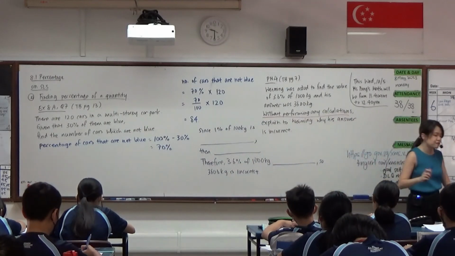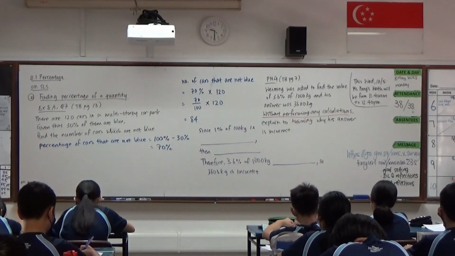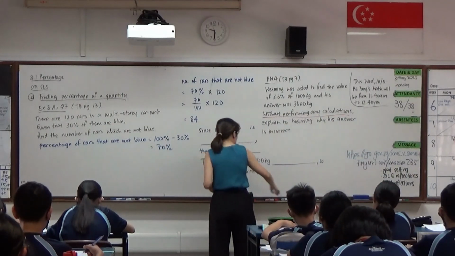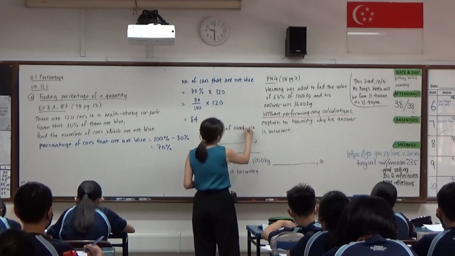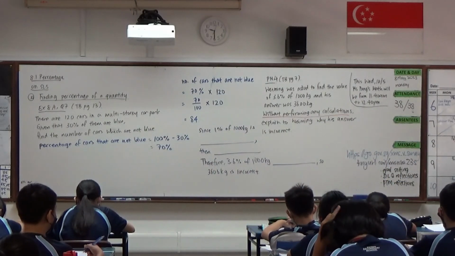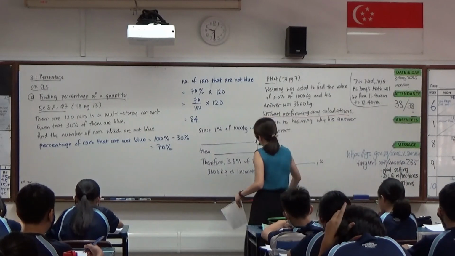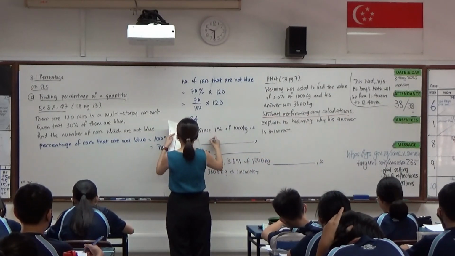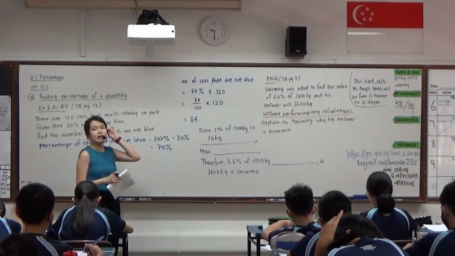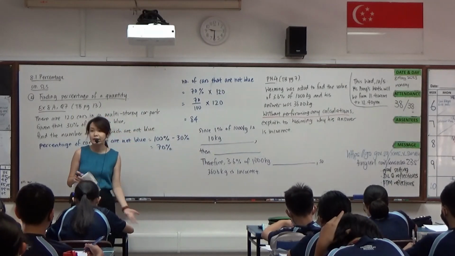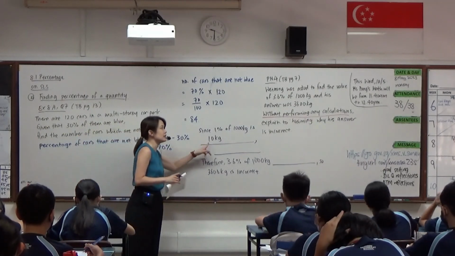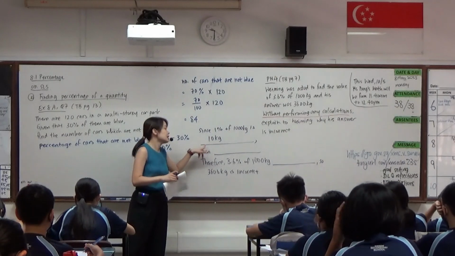Most of you are able to tell me that 1% of 1000 kg is 10 kg, right? Because 1000 kg, if I divide by 100 to find 1%, I will find that it is 10 kg. So that's just a very simple calculation.